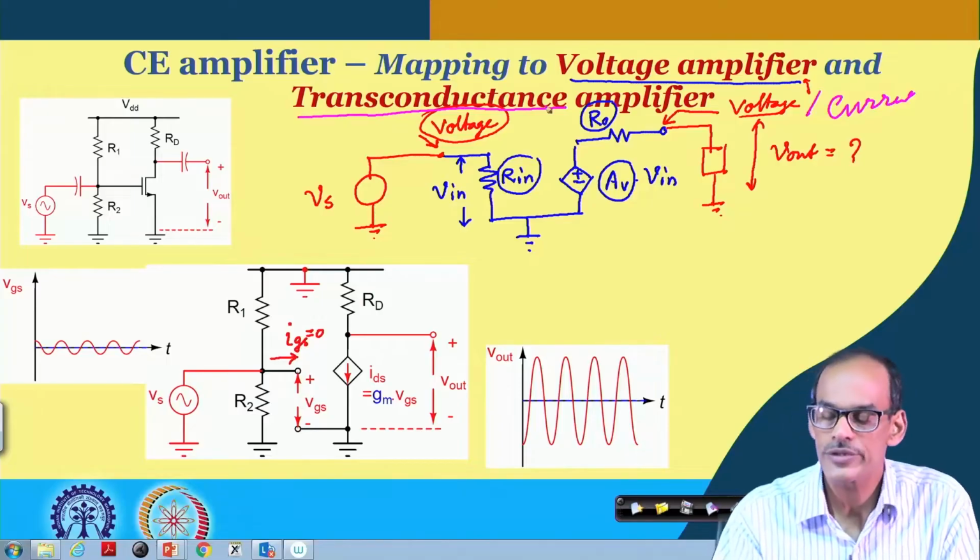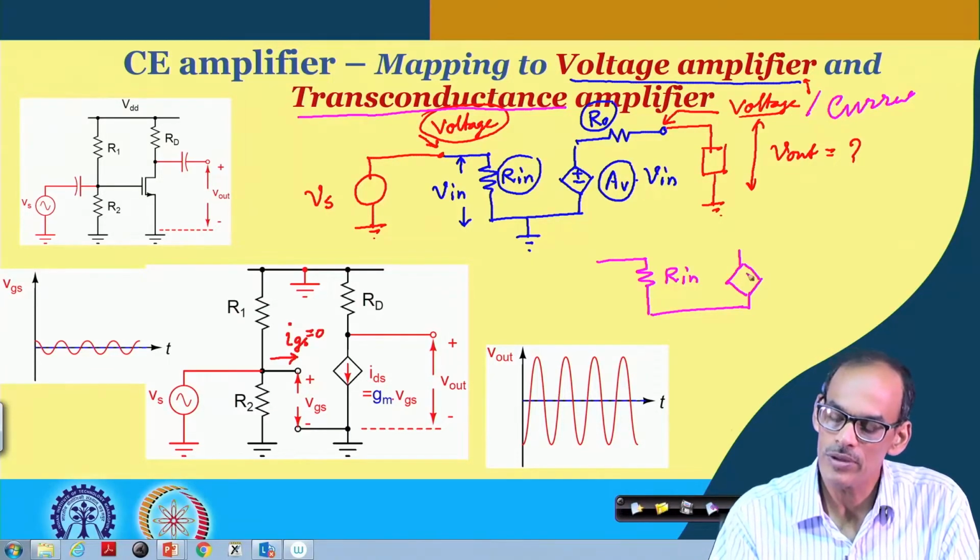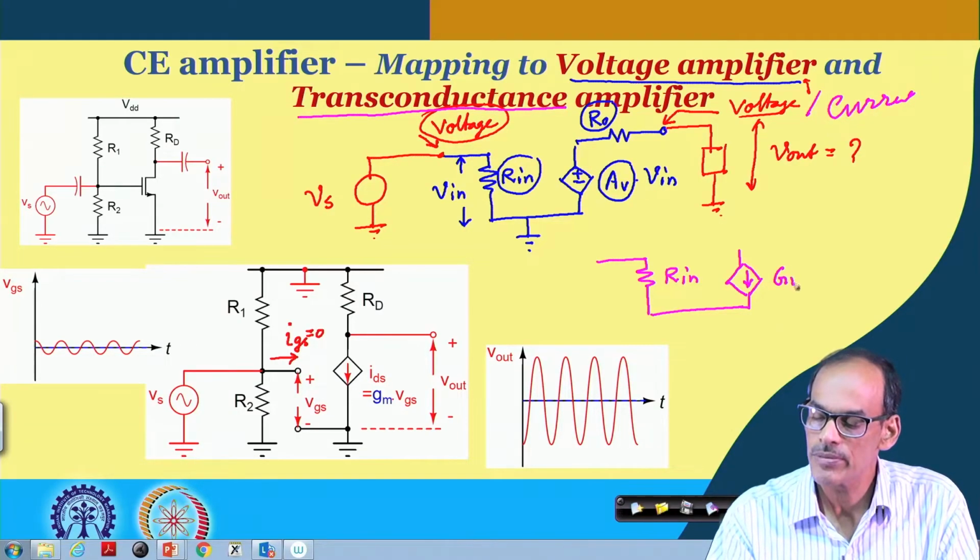And what may be the corresponding model? At the input it remains the same, namely R in, but at the output we will have a different model. This is G m into V in.